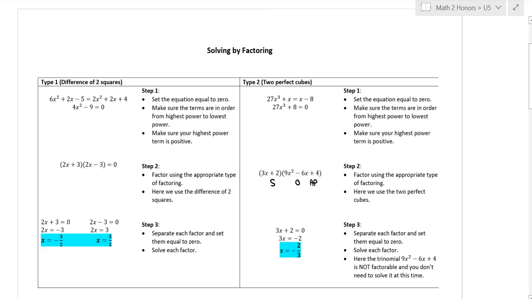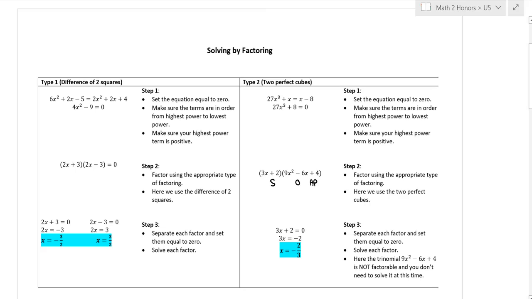And then I made you solve by factoring again when we did unit 4, and then it's coming back again here. So we're gonna make factoring a big part of this unit, and you wanna understand it.